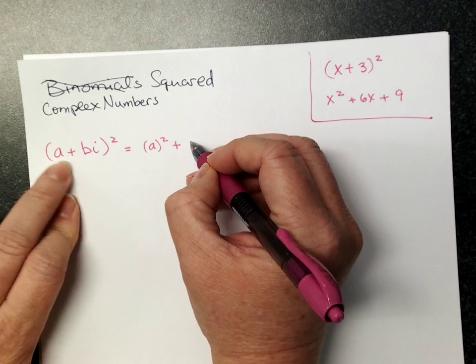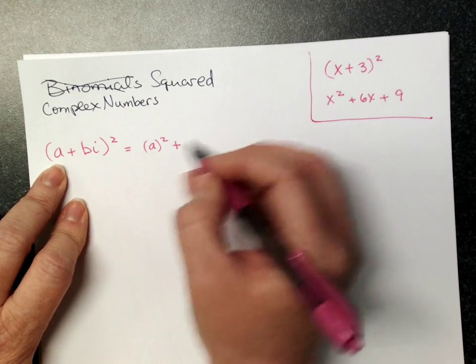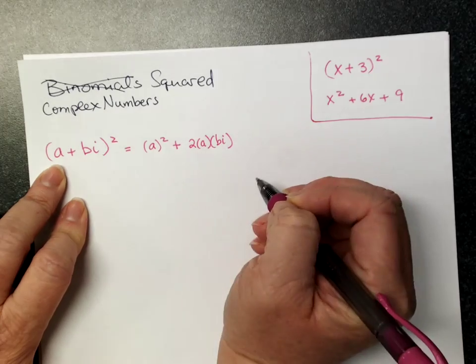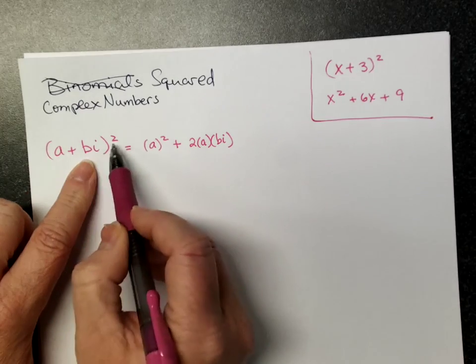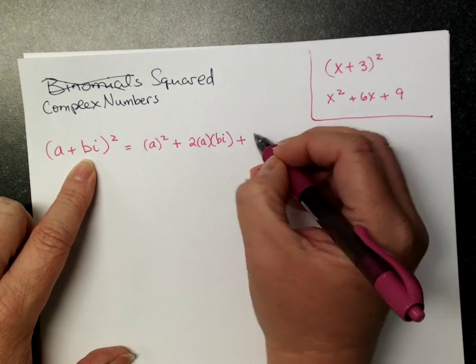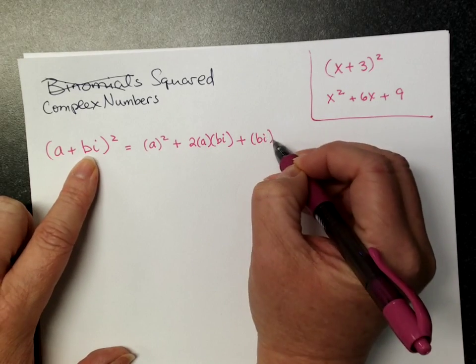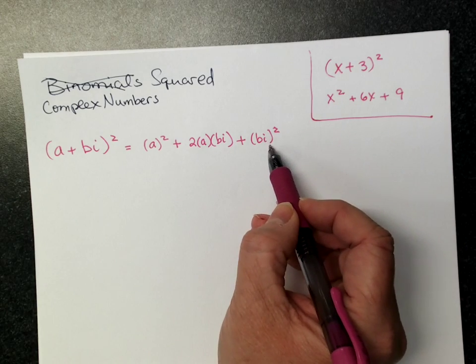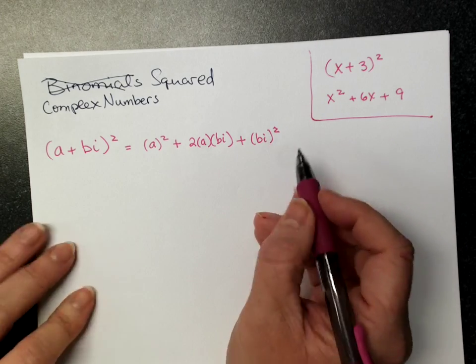And then we have our first term times our second term doubled. So it's 2 times a times bi. And then the last one, because this is a binomial square, is either 2 pluses or 2 minuses. This is always plus. And it's bi, the second term, squared, which means that square belongs to the coefficient and to the i. That's why the parentheses are important.